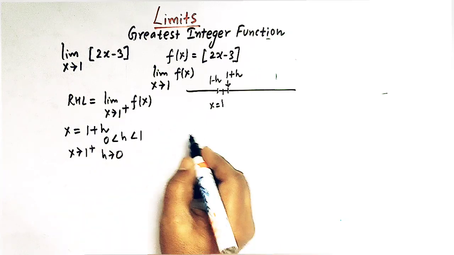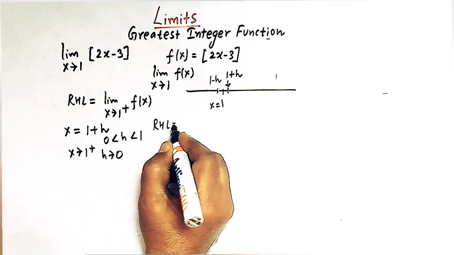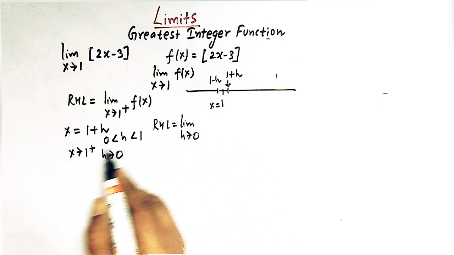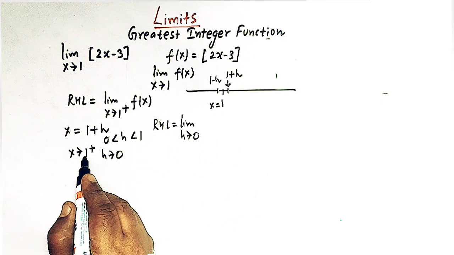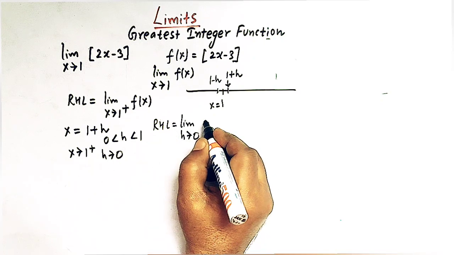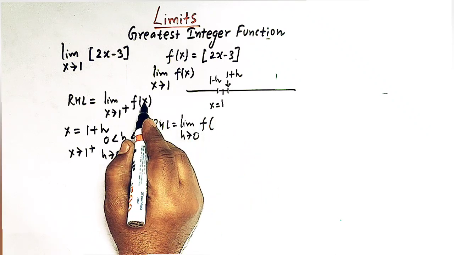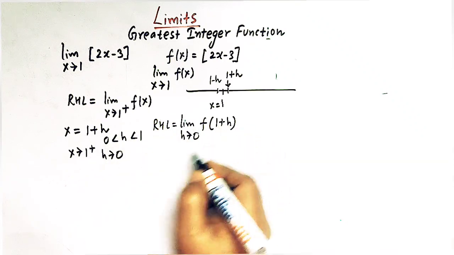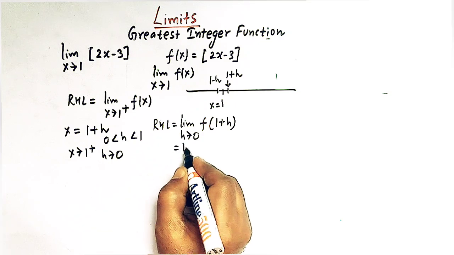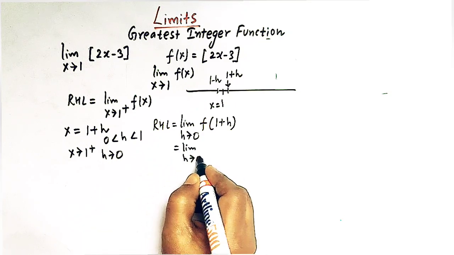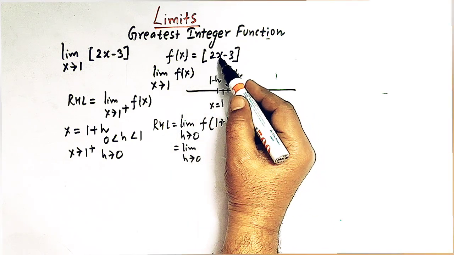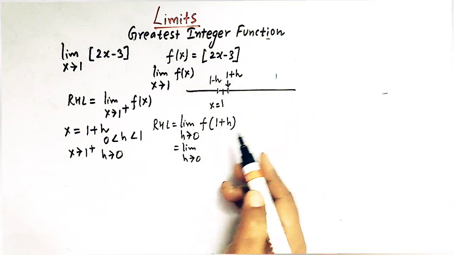So now the right hand limit can be written as limit h tends to 0, because when x tends to 1, h tends to 0, of f of x, and x can be replaced by 1 plus h. The value of f of 1 plus h is obtained by replacing x by 1 plus h.